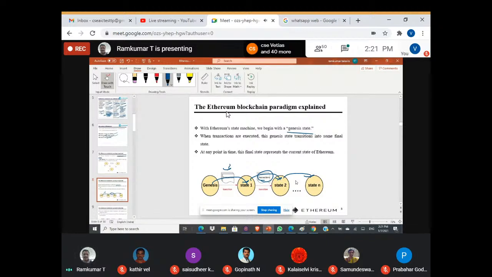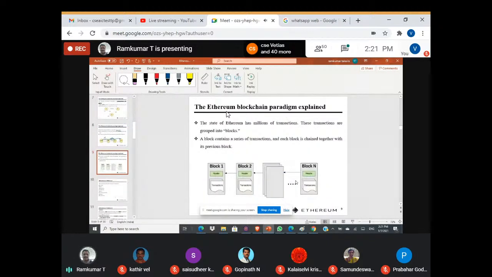Whenever I'm talking about blocks, a block consists of several things. Majorly, a block consists of a block header and the transactions. These two together make a block.